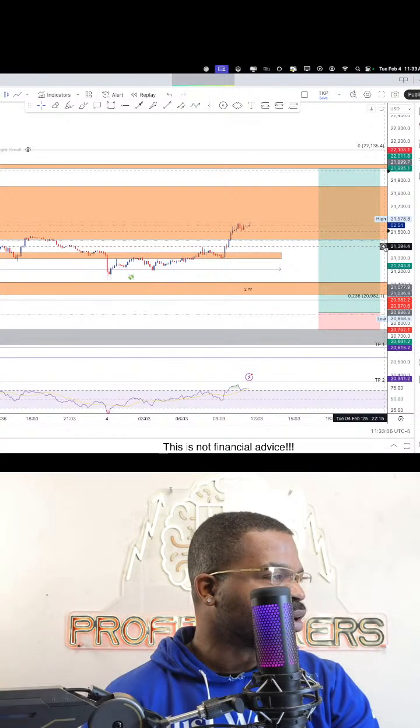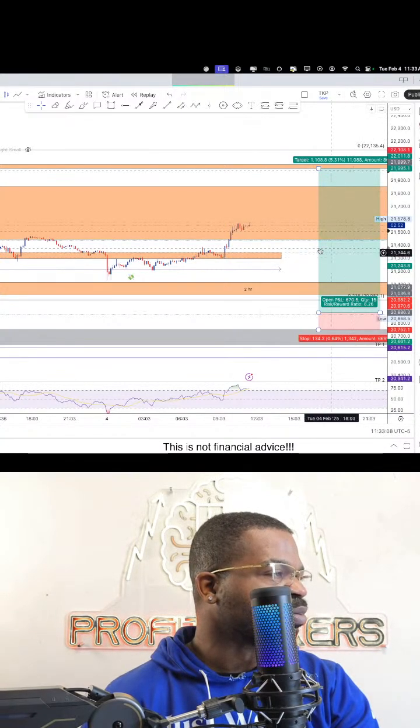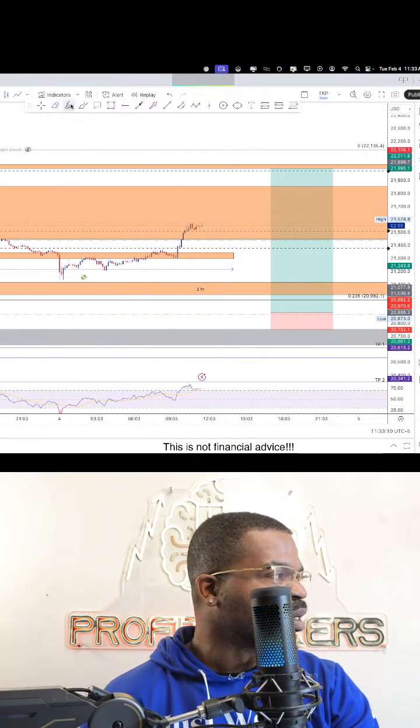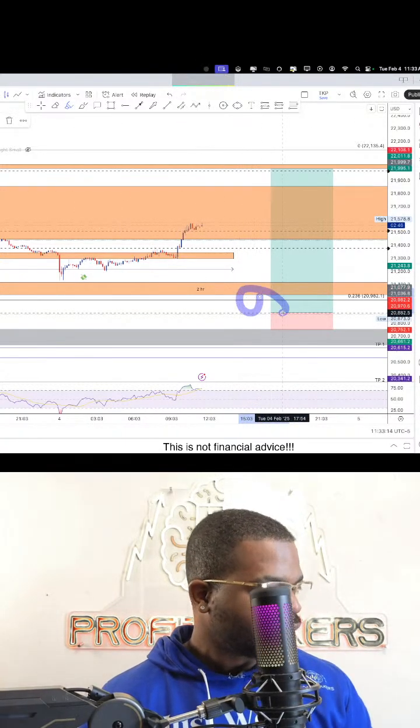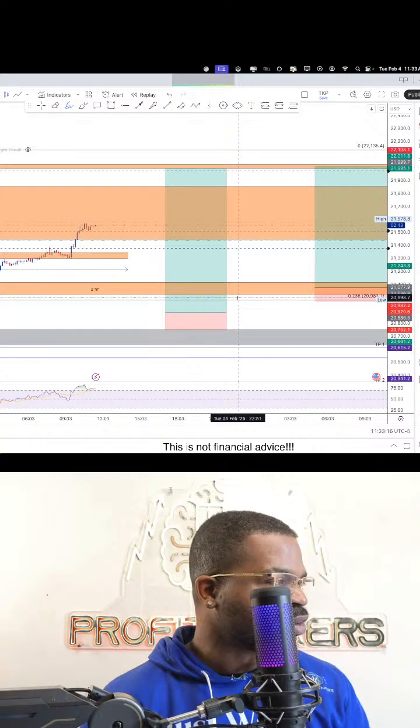Both possibilities are still there on all time frames, but this will definitely be the safer trade. The risk ratio is pretty much good on both.